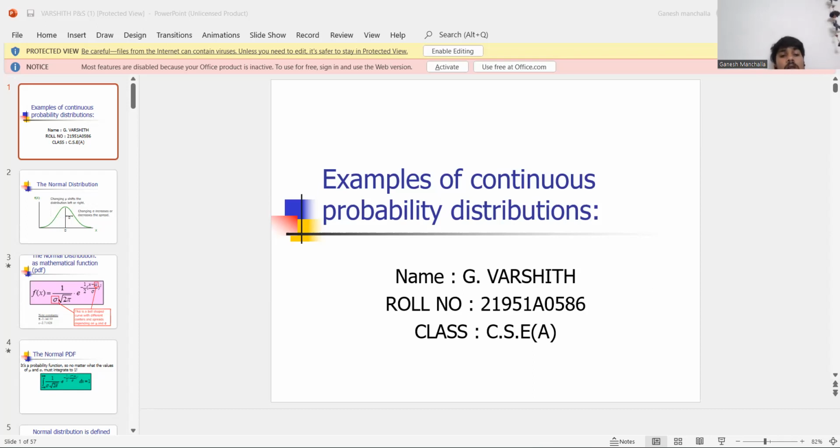Here, the blue area stands for 68%, the green one stands for 95%, and the last red one stands for 99.7%. And the whole graph is for 100%.